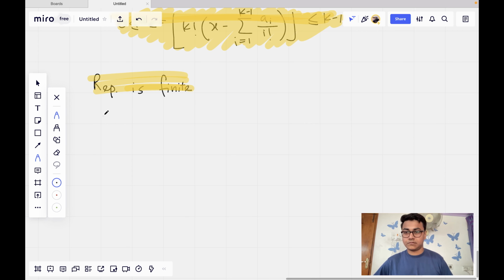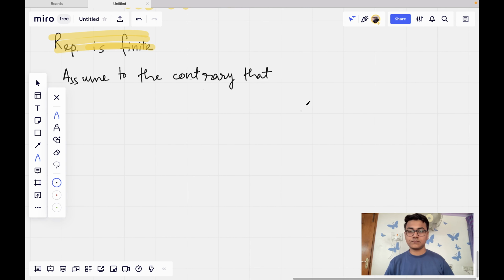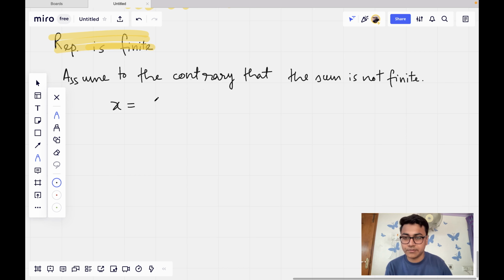Suppose not. So assume to the contrary that the sum is not finite. We will look at a representation. Suppose this is a representation that we have: a1 plus a2 by 2 factorial, and so on up to a_n by n factorial.